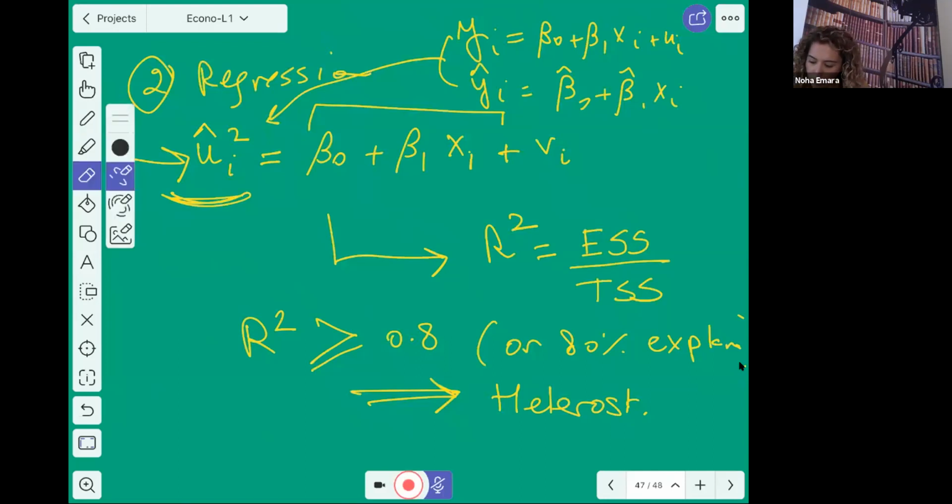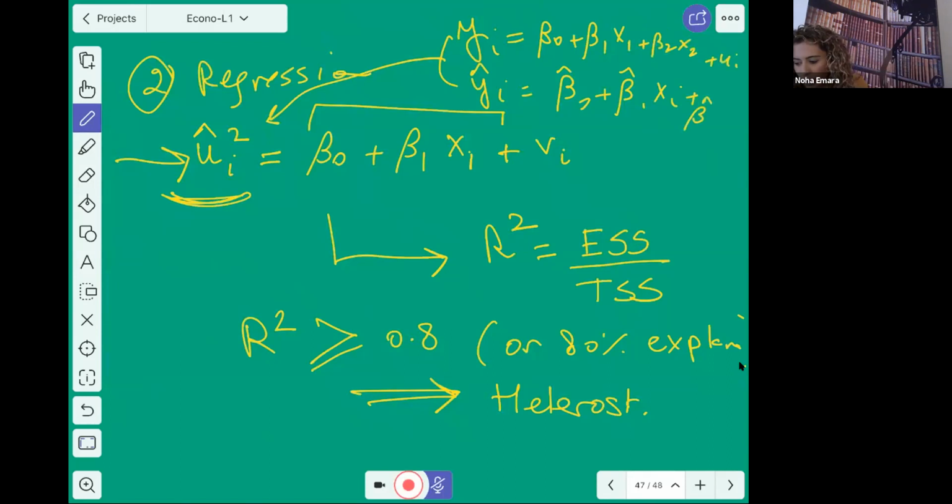And I want you to note that actually I might have a bigger model. So I might have not only 1 x, I might have a model like this, beta 1 x1 plus beta 2 x2, and I might have beta 3 x3 all the way up to beta k xk plus ui. And then whatever I'm doing here on x1, I'm gonna be repeating it here, another regression for x2.